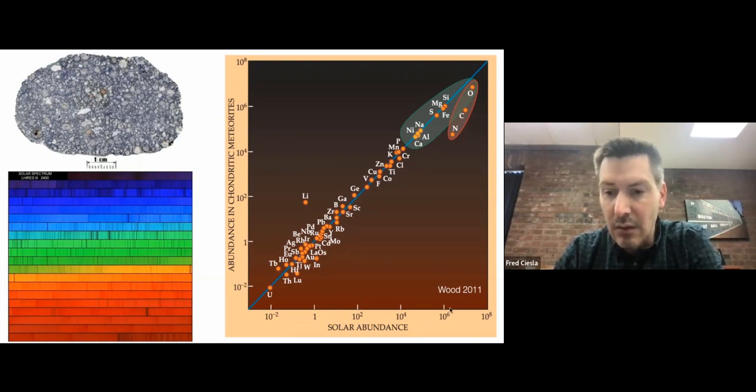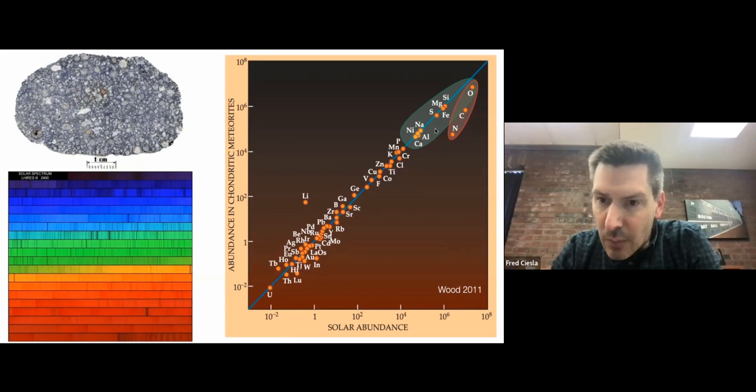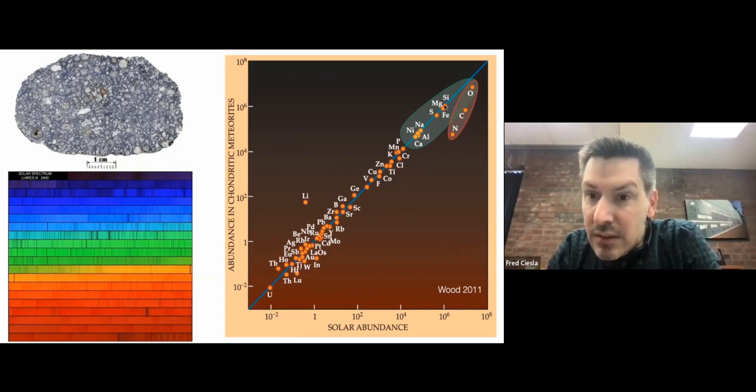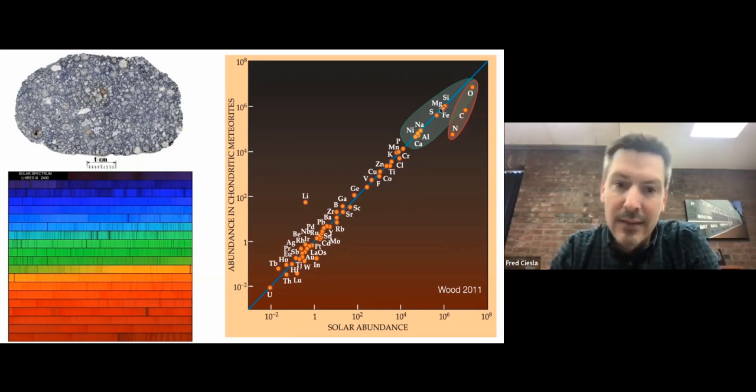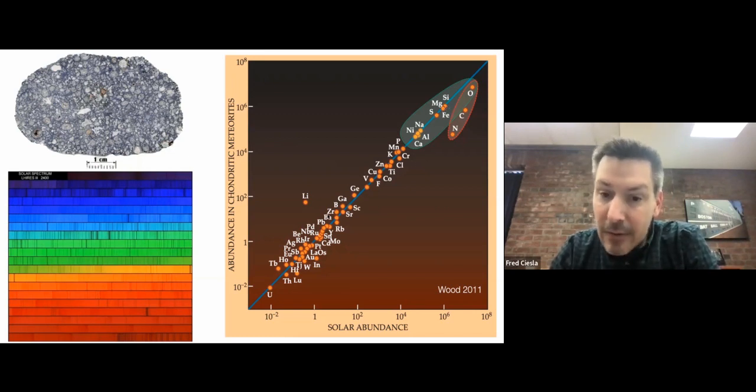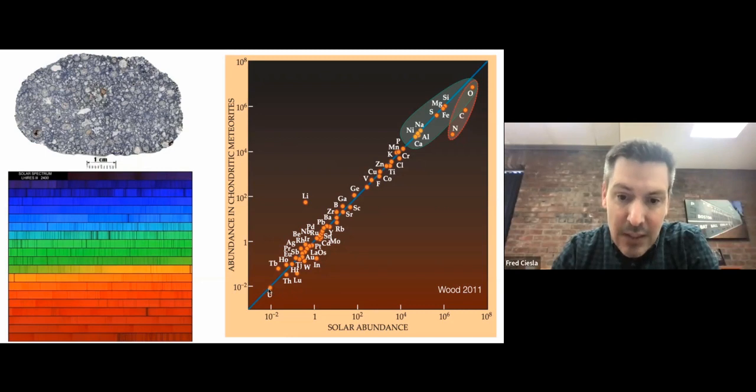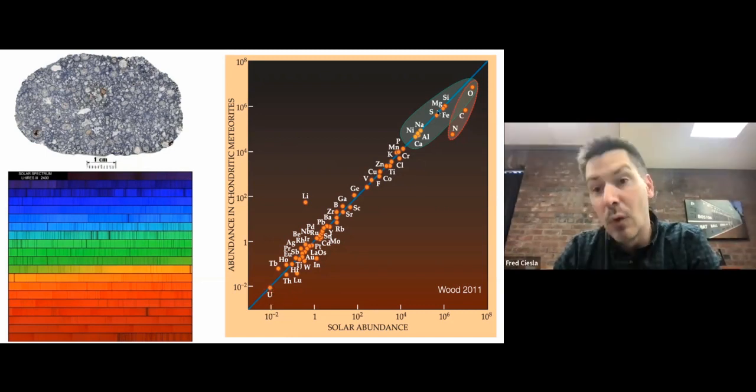Notice this is a logarithmic scale. And it's normalized, I believe, to silicon at 10 to the 6 atoms of silicon. So what you're looking at here, for example, in terms of uranium, there's 10 to the minus 2 atoms of uranium for every 1 million silicon atoms in the sun.